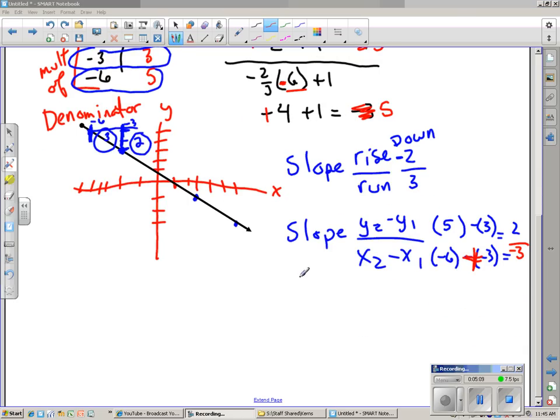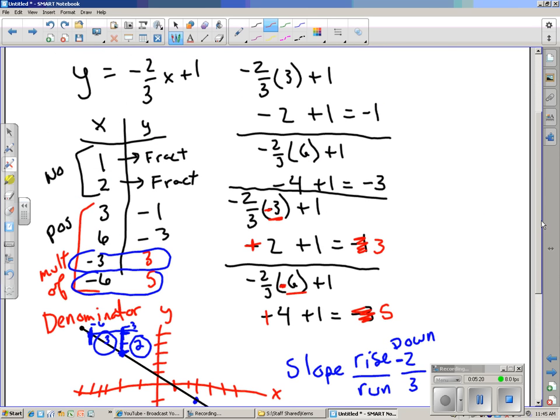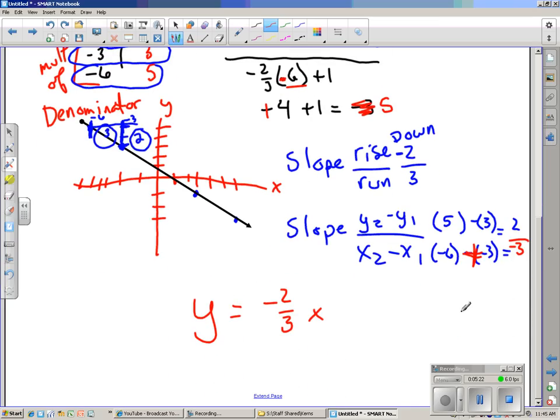The last step is we're going to convert it back to the original equation. Really, you can just copy down your original equation. It was negative 2/3 x plus 1. And then all I want you to do is draw arrows from the slope to the first part of the equation.